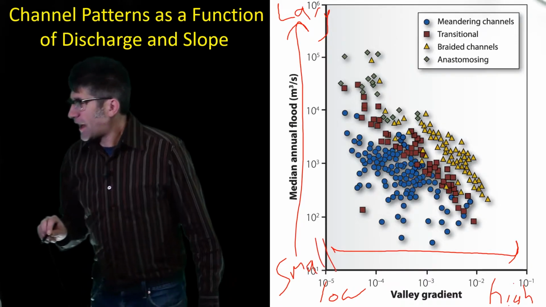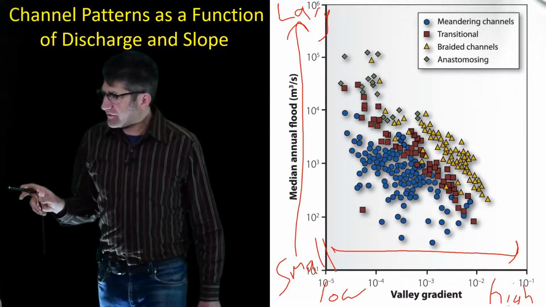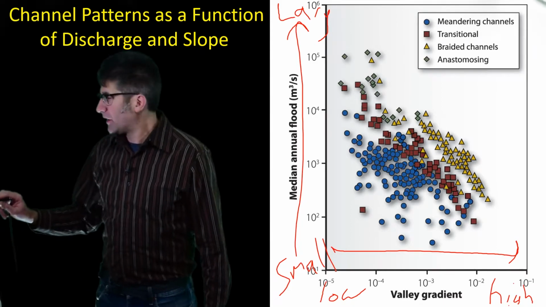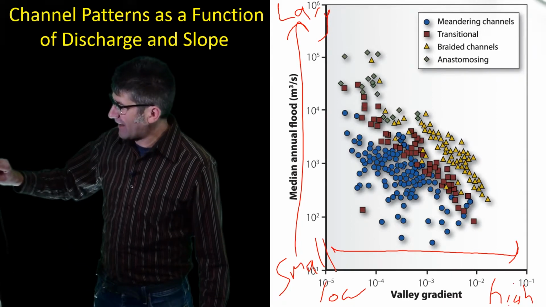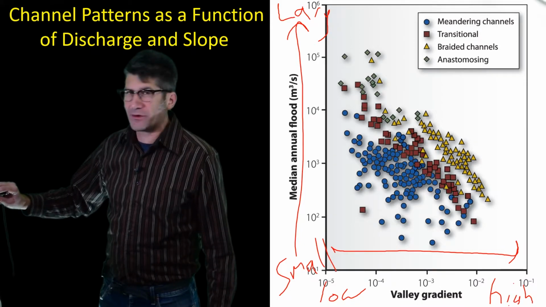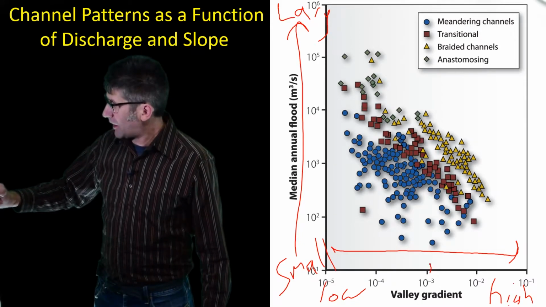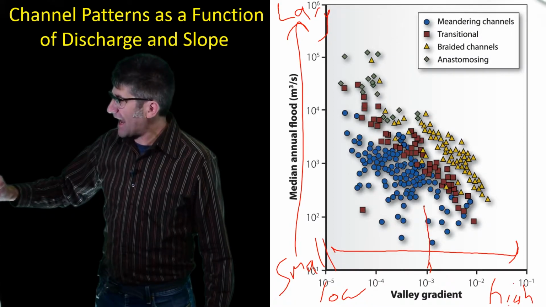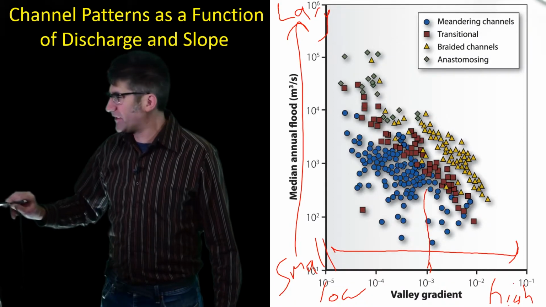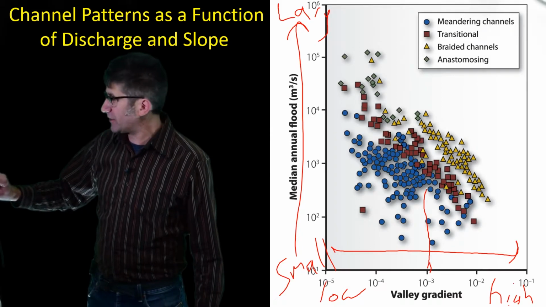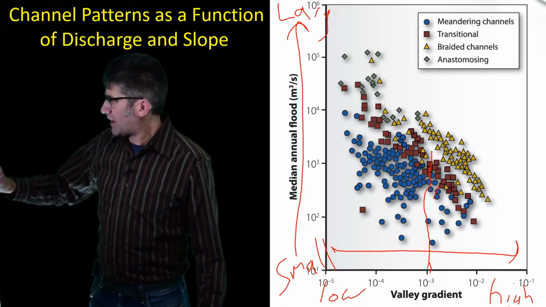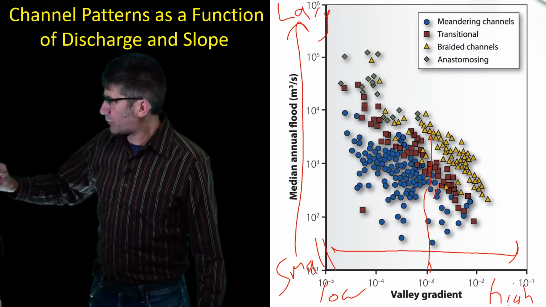Okay, how we can interpret this graphic is if we think about a river at a particular slope. Let's just take an average slope here of 10 to the negative 3. If we think about that valley slope, what we see is that as our rivers become larger at these slopes, we transition from meandering channels to what are called transitional channels up to these braided channels.